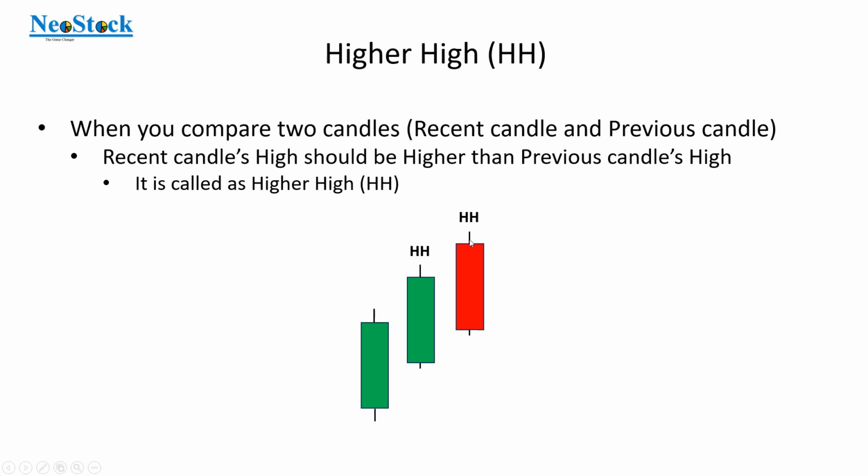That is the exact meaning of HH. So when you are comparing the candles, whether it is a bullish candle or bearish candle, it doesn't make any difference. We just look into only the highs of both the candles.